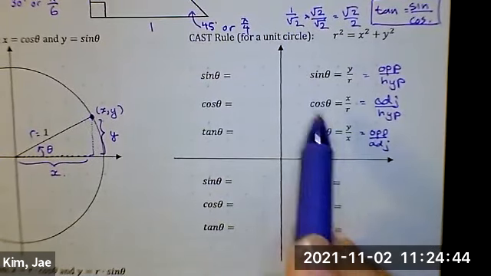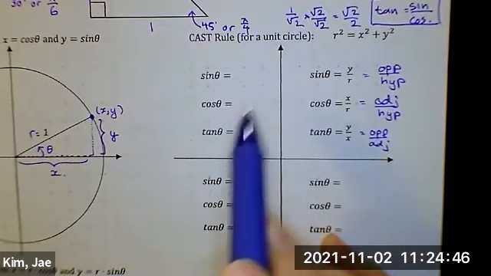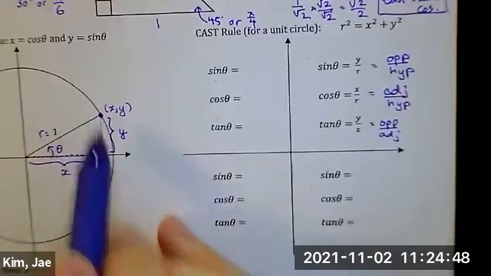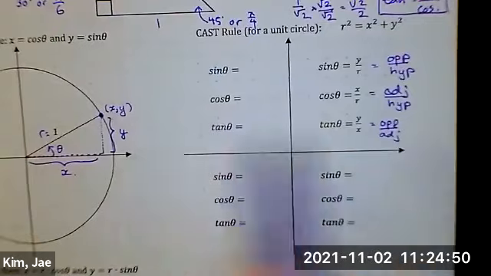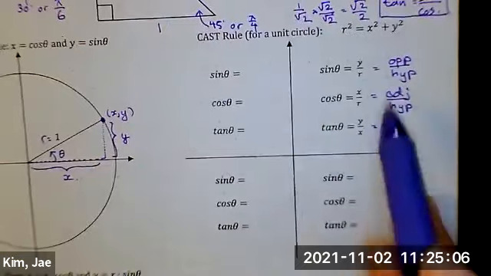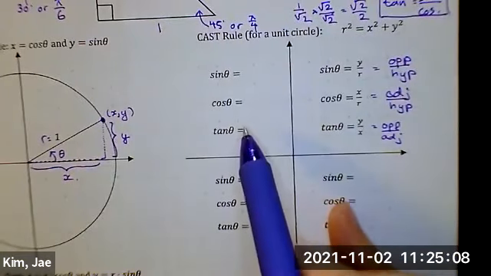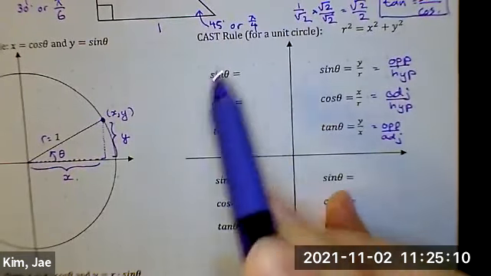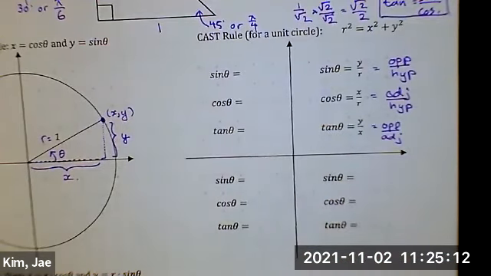Who remembers what CAST rule is now that we've established the positive x, positive y, positive r for SOHCAHTOA? Lillian? Right. So sign suddenly changes is what Aline is saying. If I do SOHCAHTOA in this quadrant or a triangle in this quadrant, some values might be negative.